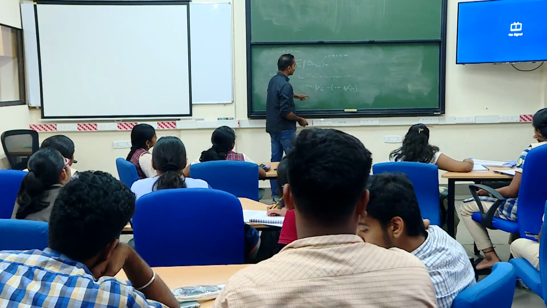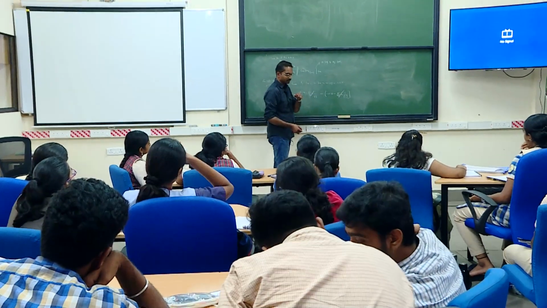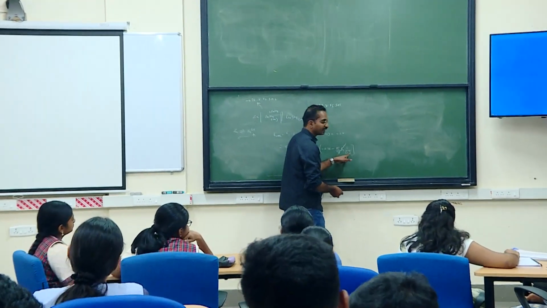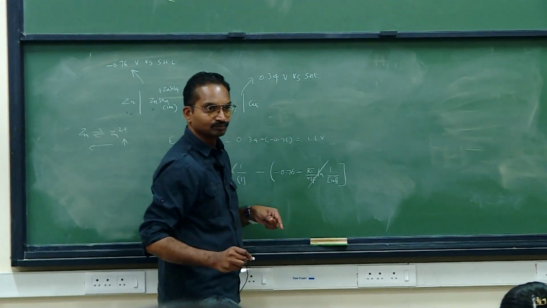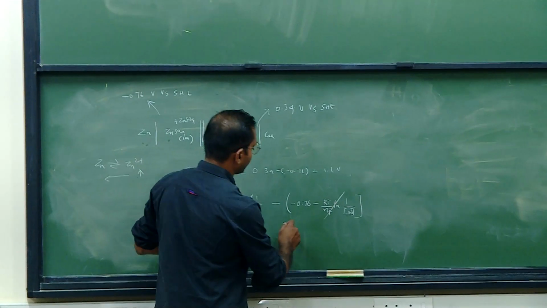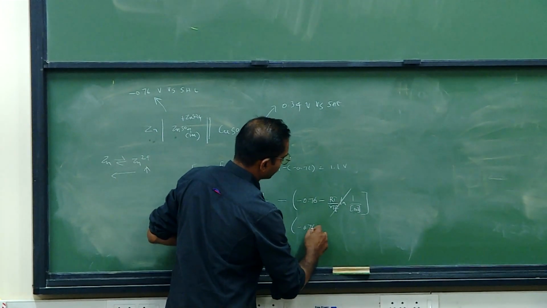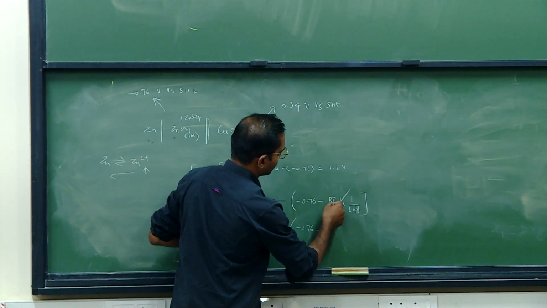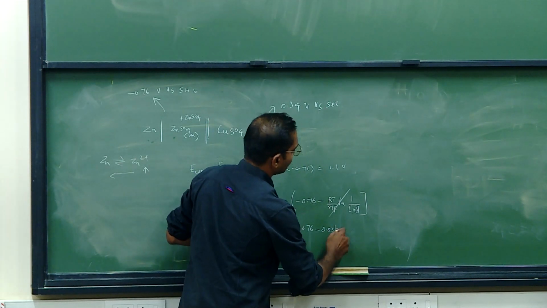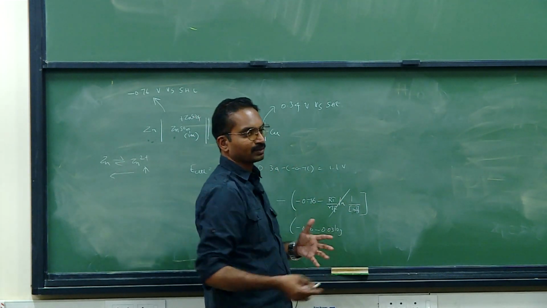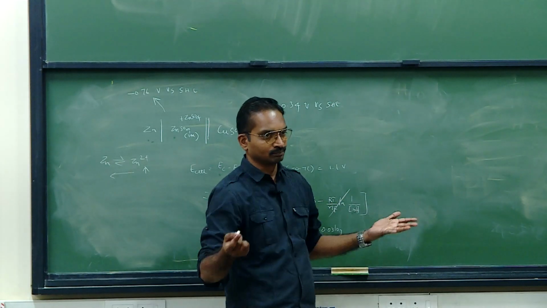Now you are going to add zinc sulfate. Zinc sulfate means you are going to increase the concentration of this, so it is going to be 1 plus some delta. This is a bigger value, so it will become minus 0.76 minus about 0.03 times log of, just for argument's sake, say I make it 10 molar.